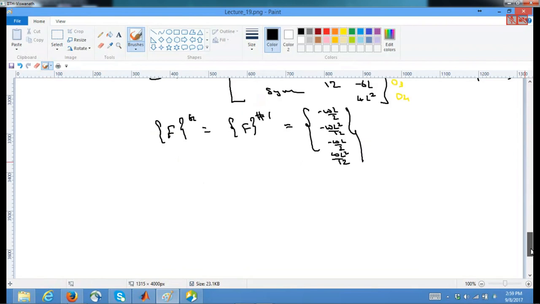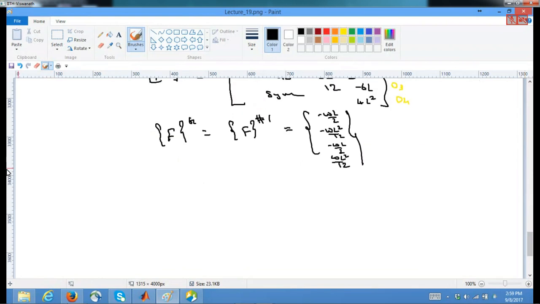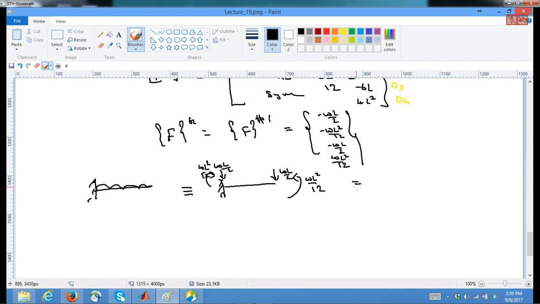Now this is the applied loading. So our beam is made equivalent to a beam with WL by 2, WL by 2, and the moments, which I make further equivalent.